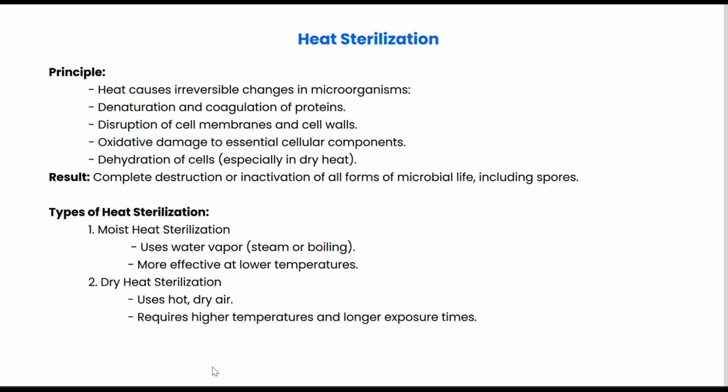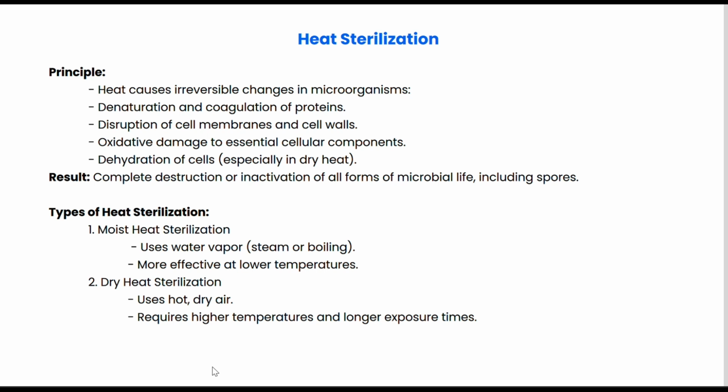Now let's take a detailed look at heat sterilization, one of the oldest and most trusted methods of sterilization. First, let's understand the principle behind it. Heat sterilization works by applying high temperatures that cause irreversible damage to the microorganisms.